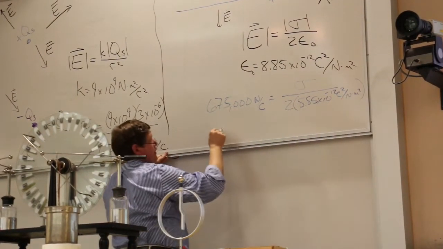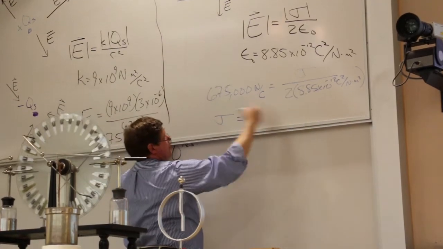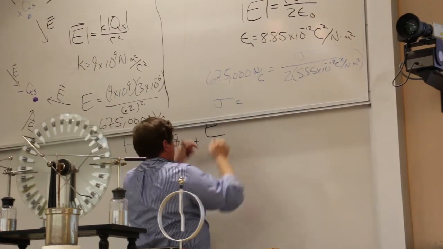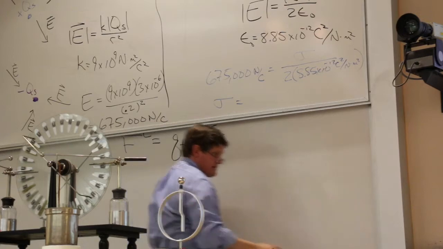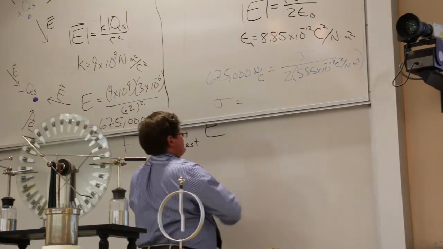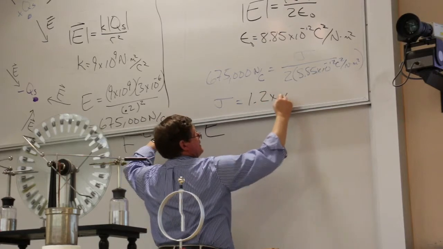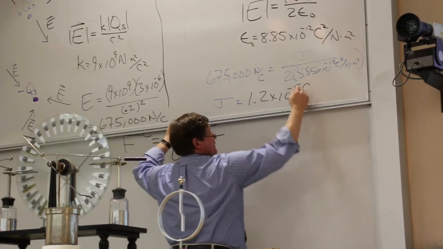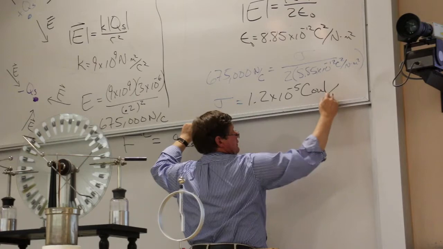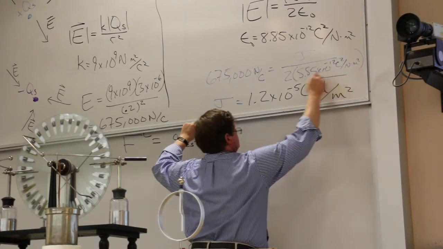And so I solve for sigma just by multiplying that out, and I get 1.2 times 10 to the minus 5 coulombs per meter squared.